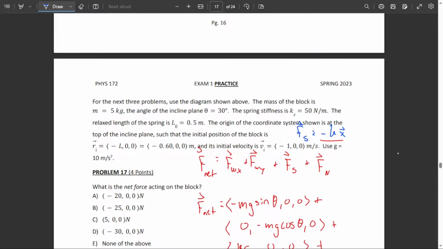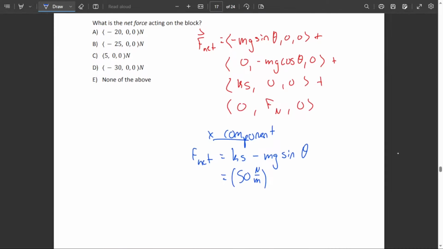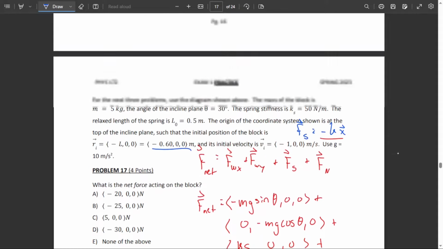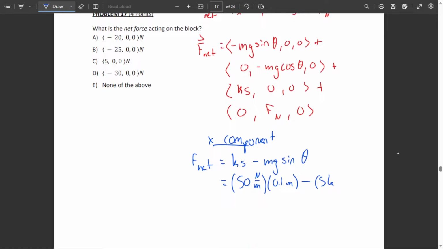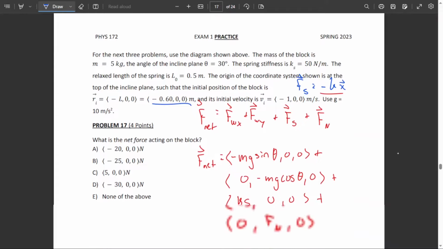L is 0.6, L0 is 0.5, so S is 0.1. Minus the mass of the block, 5 kilograms. Gravity, we'll just say 10. And sine theta, where theta is 30.